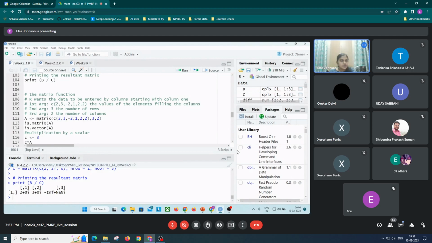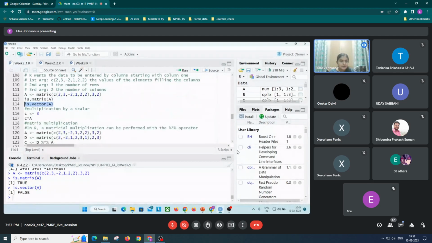A equals matrix of this one, comma 3, comma 2. So I'm just putting this as a matrix. If you put is matrix A, then it will show true, and is vector A will show false.